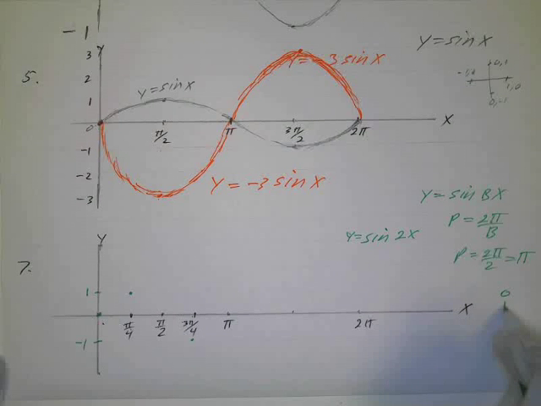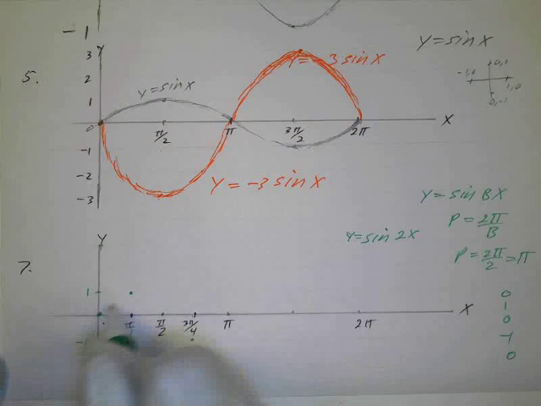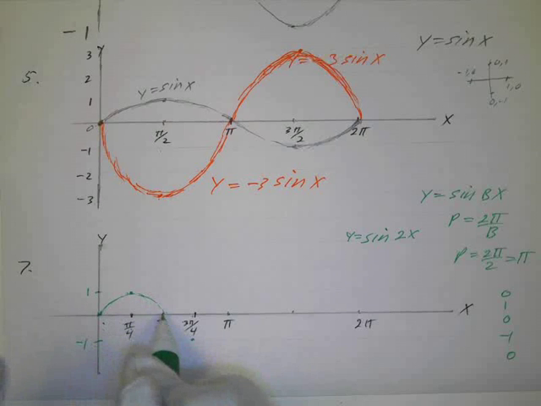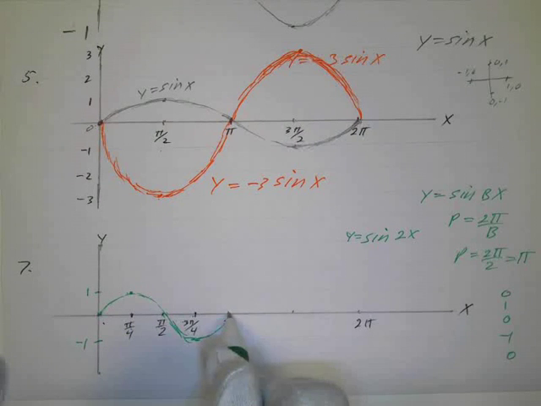Always those 5 points. And if you forget where to start, just figure out what the sine of 0 is, and that's 0, and then you go to town. 0, 1, 0, negative 1, 0, and there you go. It's real simple. It's always the same. You just have to get the period defined and divide that.